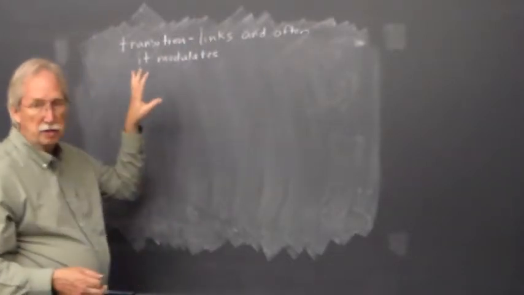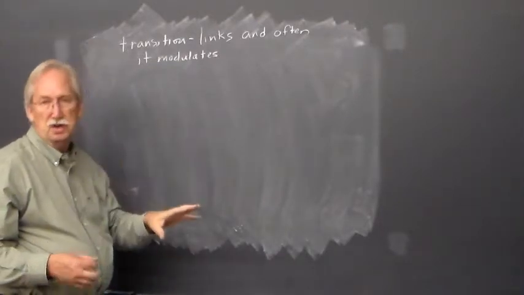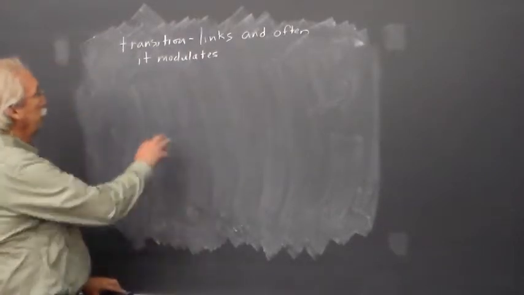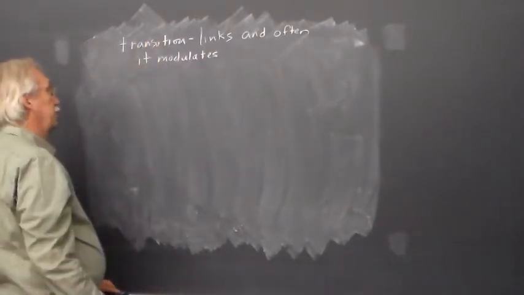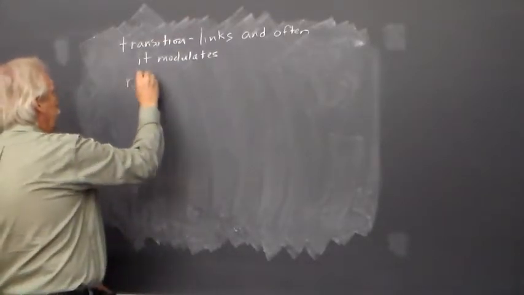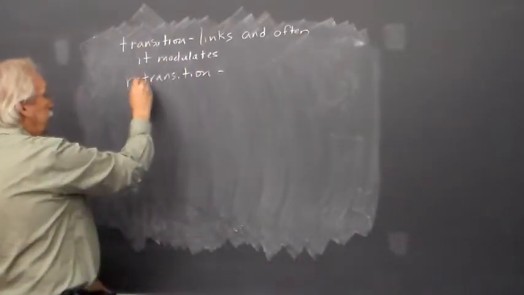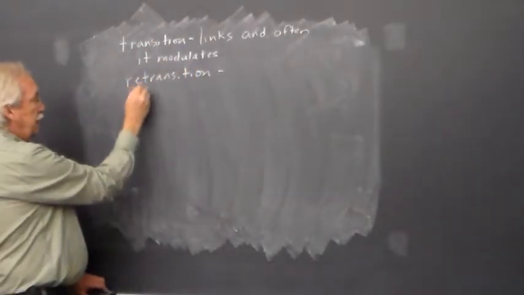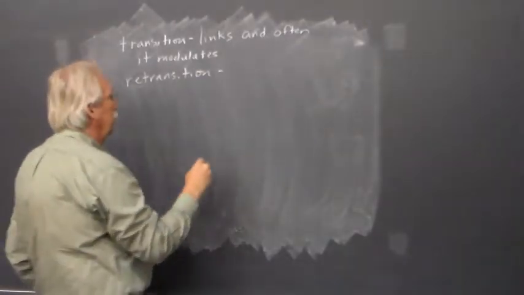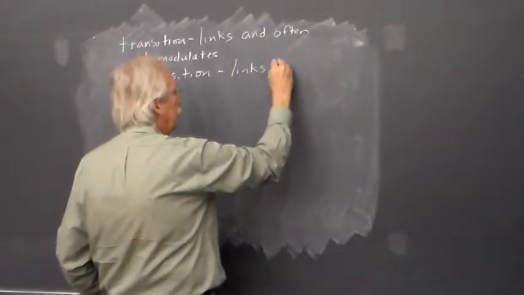You'll use the same term within the context of rondo, sonata allegro, or minuet and trio, these compound forms. We'll continue using these basic auxiliary terms. The only difference between a transition and a retransition is that the retransition links to returning material, so it connects or links.